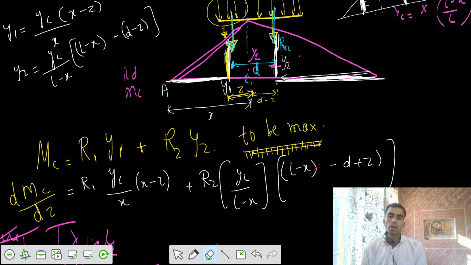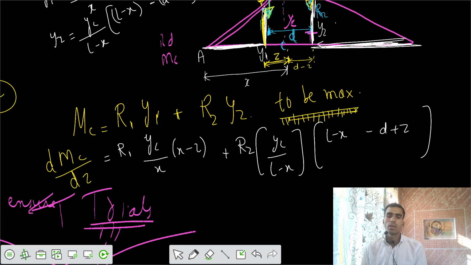You can remove the brackets and get this equation.